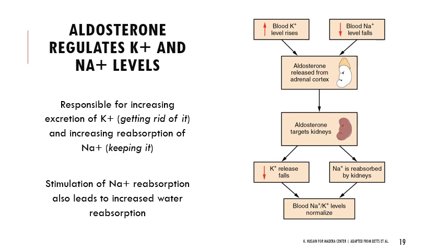So it's activated when potassium is too high or when sodium is too low. And that stimulation of sodium reabsorption subsequently leads to increased water reabsorption. So when you have more sodium being reabsorbed, you are also reabsorbing more water and hanging on to it. So again, that serves to increase blood pressure, balancing out blood pressure. Aldosterone is activated in these situations, and also when you have low blood pressure.